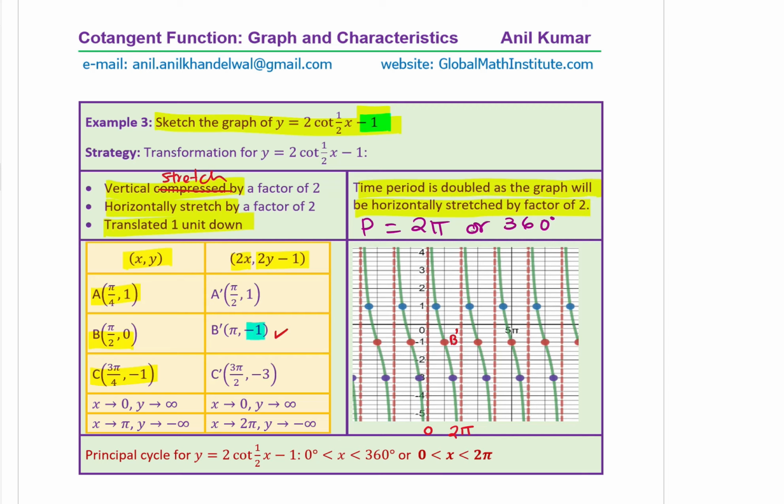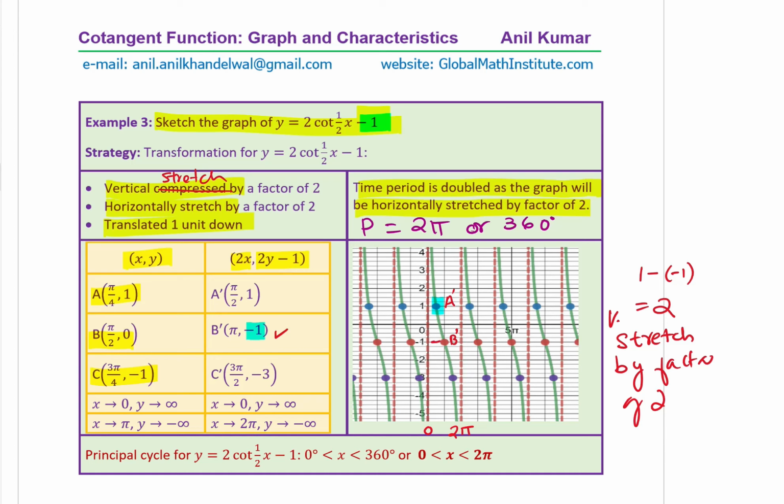Now, as far as A dash is concerned, let us see, A dash is at 1. Now, what is the difference? 1 minus minus 1 is equal to 2. And that is the stretch factor. Do you see that? By a factor of 2. Vertical stretch factor, since the y values have been increasing.